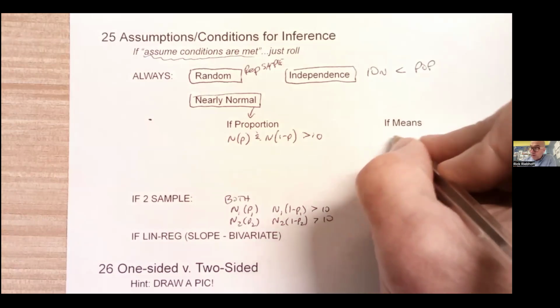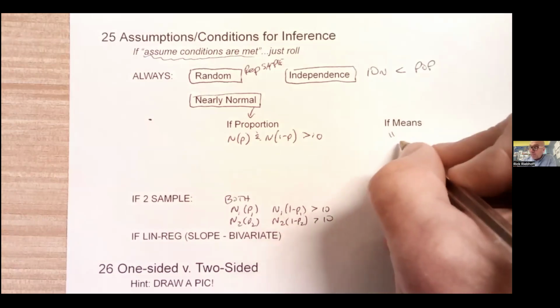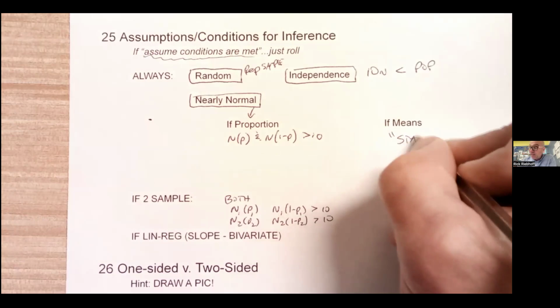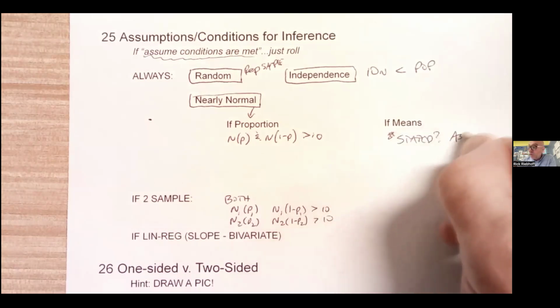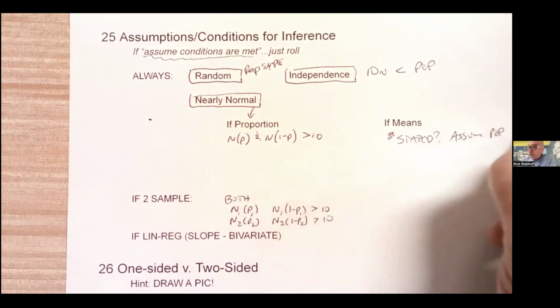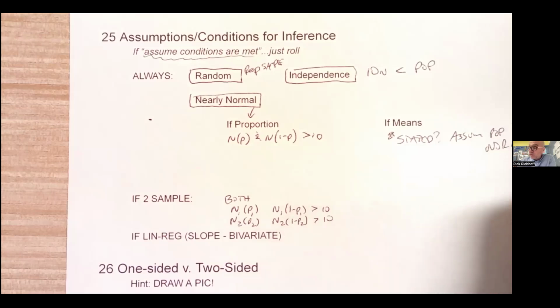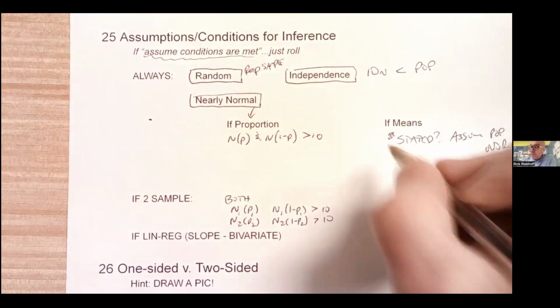So number one, we're looking for, is it stated? Sometimes it'll state, assume the population is fairly normally distributed. If it's stated as such, then you're fine. You could say, hey, it's stated up above.